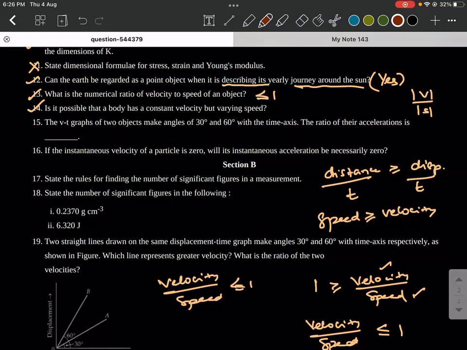But the direction will change. So you can make a note of it. The reverse is possible: speed of the object can be the same, but velocity can change.